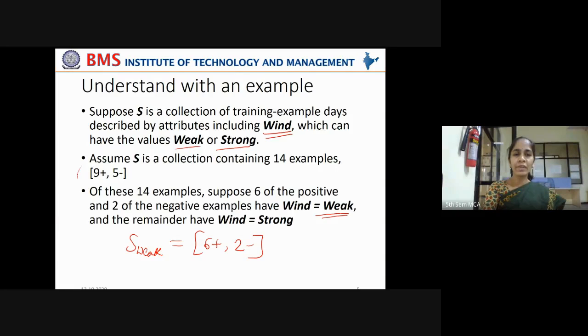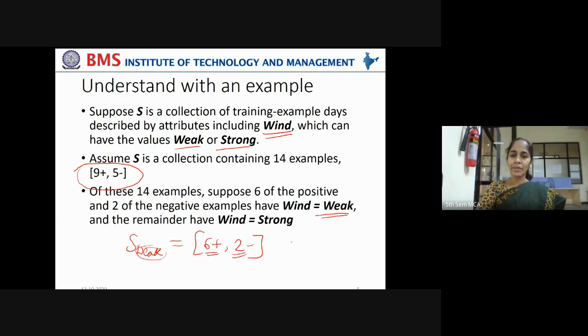In total, how many positive examples are there in the training examples? 9 positive examples and 5 negative examples. That means 9 examples having outcome label as yes and 5 examples having outcome label as no. Now in that we are taking training examples where the wind value is weak. How many of them are there here? 6 positive examples and 2 negative examples.